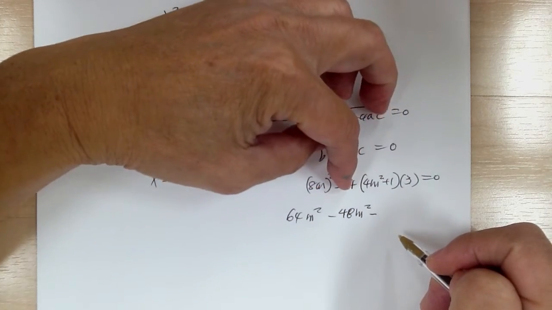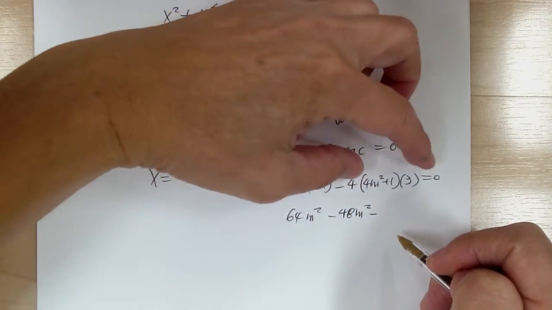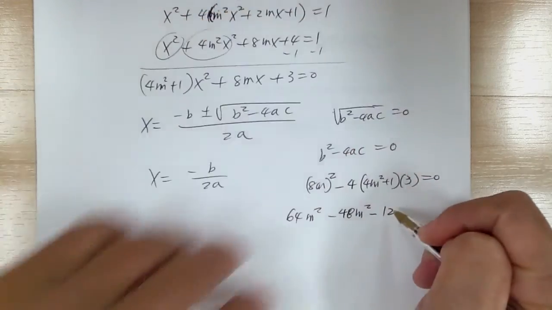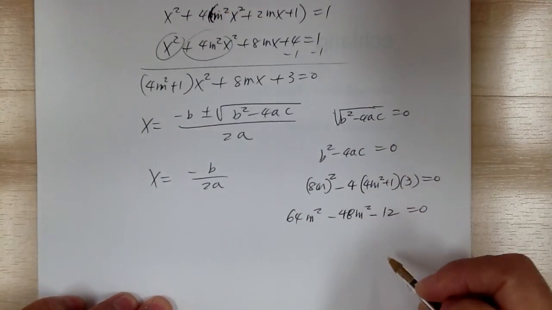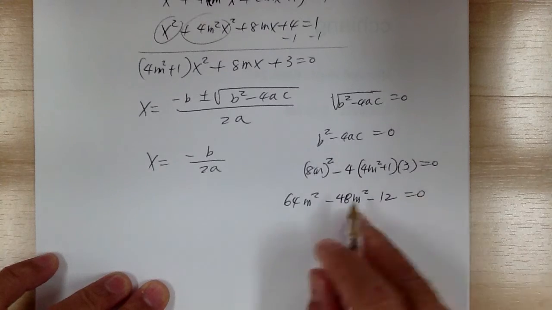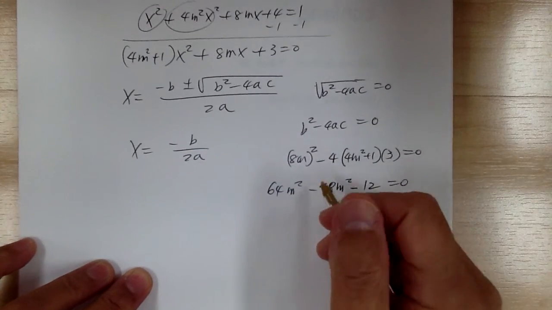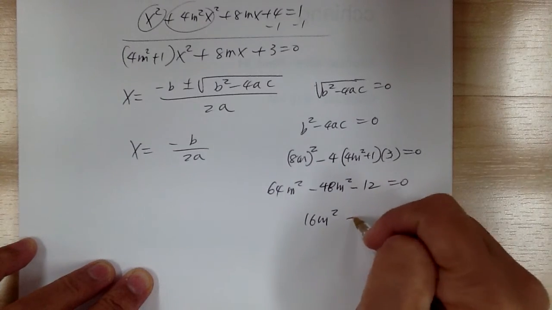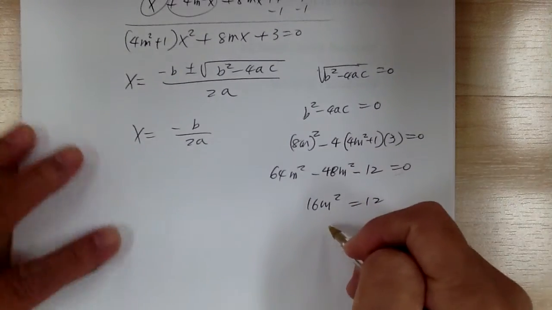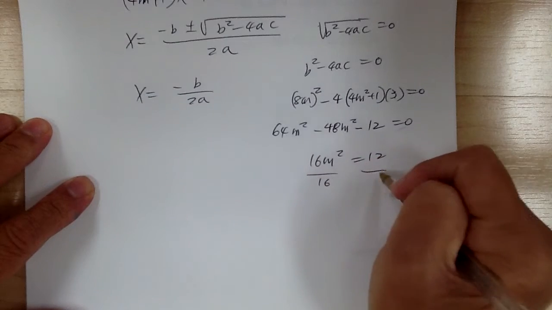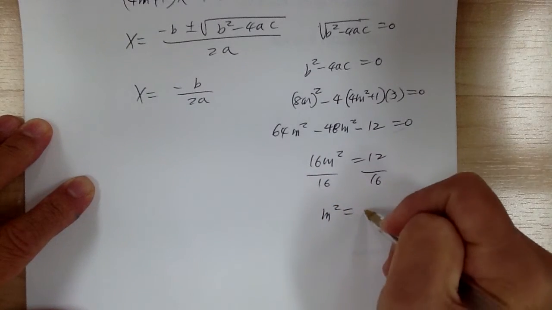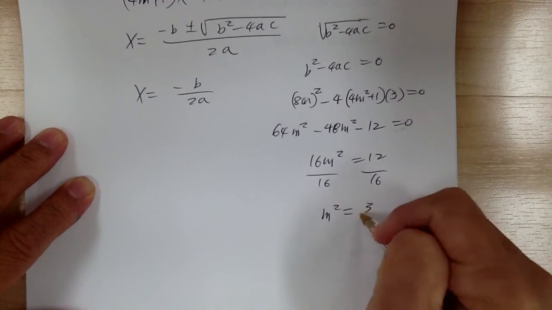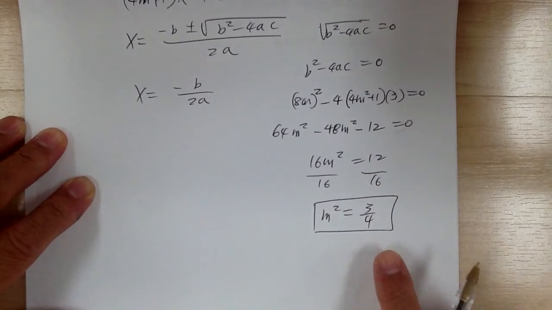So 3 times 4 is 12 times 4 is 48, minus 12 equal to 0. Okay, and you can simplify this. So you get 16m squared equal to 12, divide by 16. So you got m squared equal to 3 over 4, and that's it.